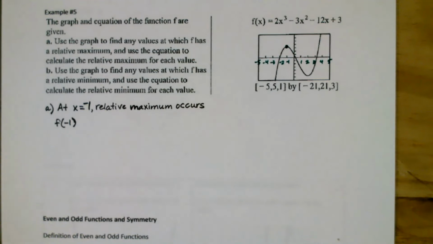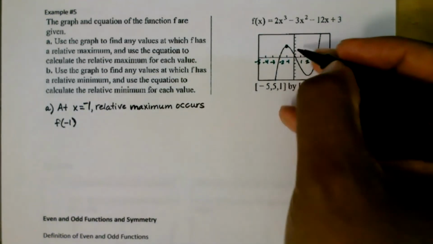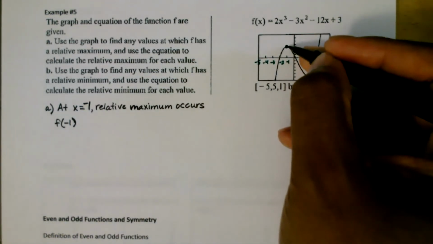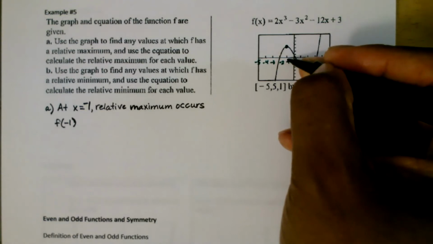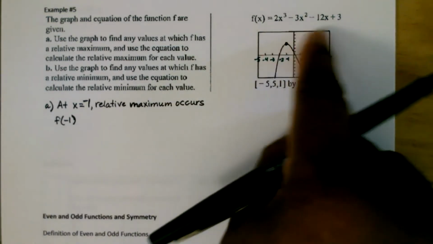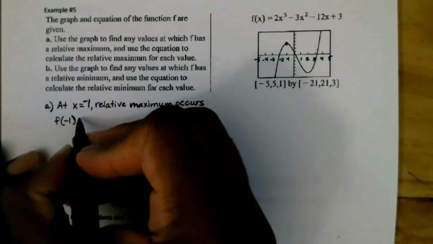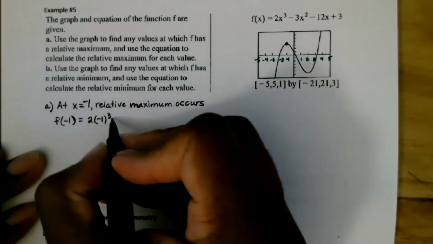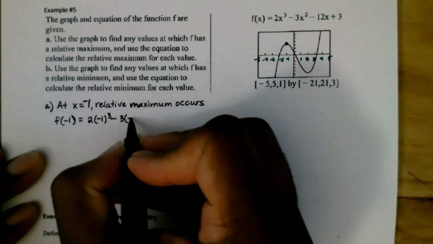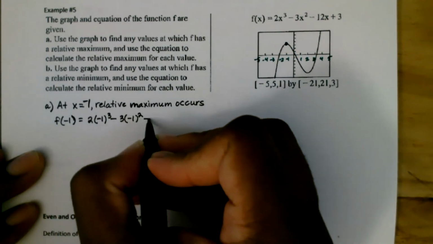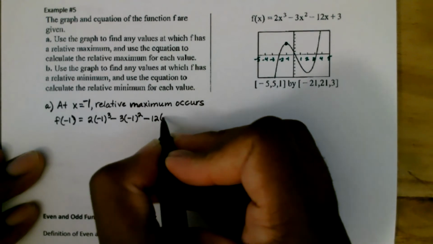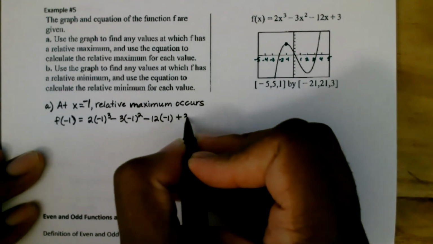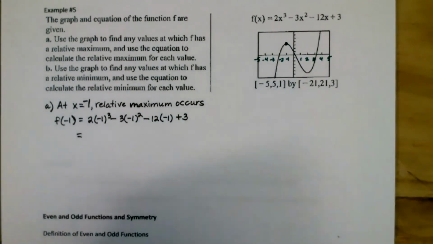Okay. So we evaluate what the y value is at x is equal to -1 by substituting each x with -1. So f of -1 would be this: 2 times -1 cubed minus 3 times -1, and that's squared, minus 12 times negative 1 plus 3.